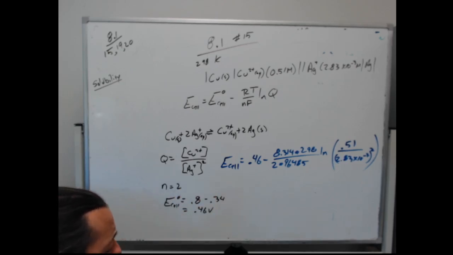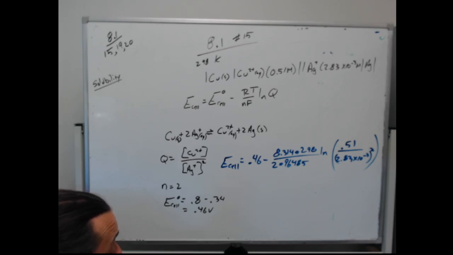Okay. So let's go ahead and finish it out. 2.83 times 10 to the minus 3 squared, inverse, times 0.51. Oh, my calculator's off. Oh, I messed up. 2.83 times 10 to the minus 3 squared inverse times 0.51.